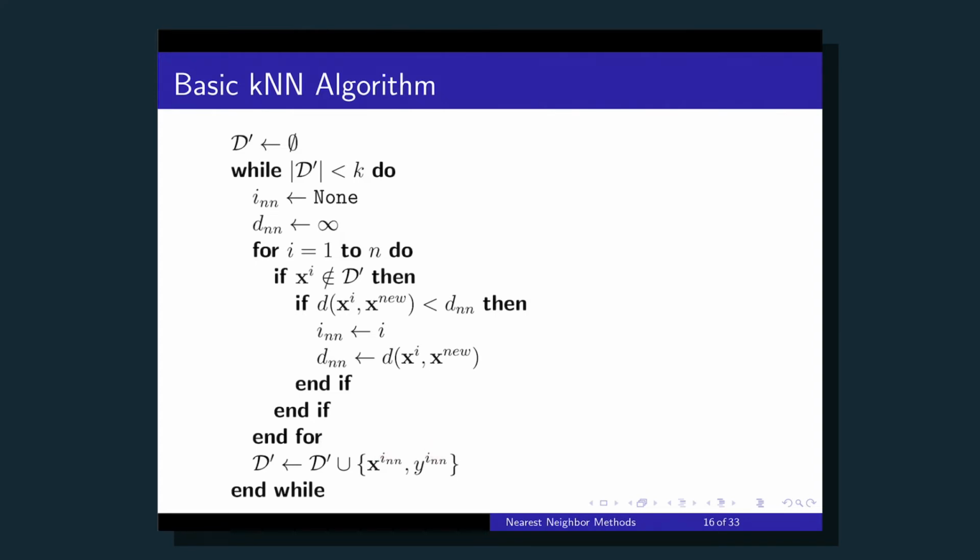And then you can do your plurality voting or averaging, whether you're doing regression or classification, and so on and so forth. What's important in this algorithm is its complexity. If you've taken the data structures class, MIN720, you already know about big O notation.